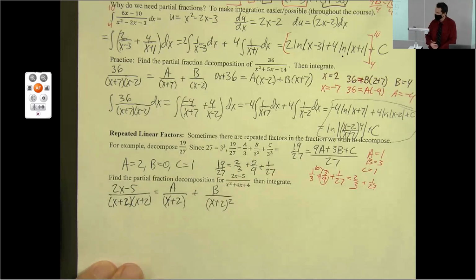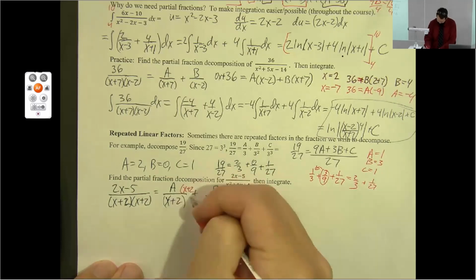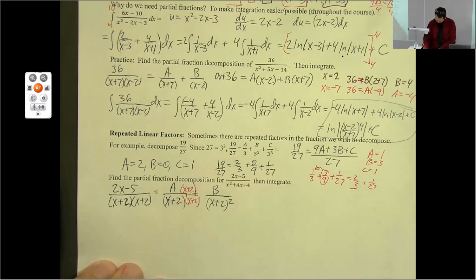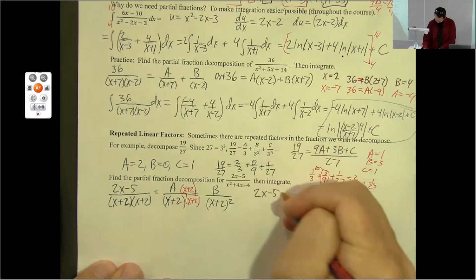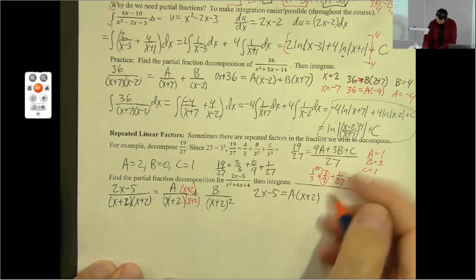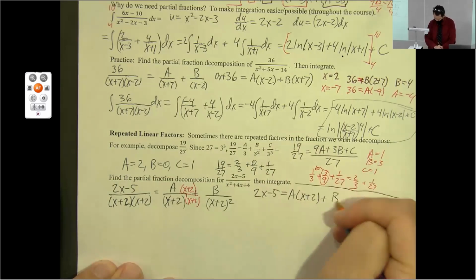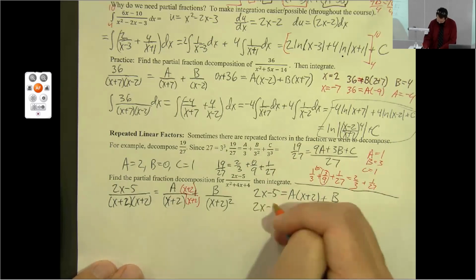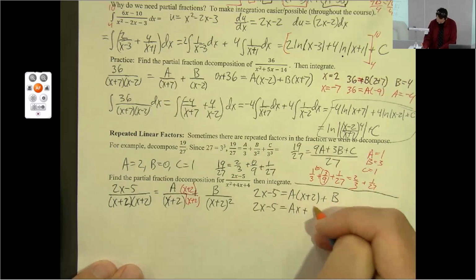Now we multiply the left side by 1, which will be x plus 2 over x plus 2. We've got 2x minus 5 is equal to a times x plus 2 plus b. So 2x minus 5 is equal to ax plus 2a plus b.